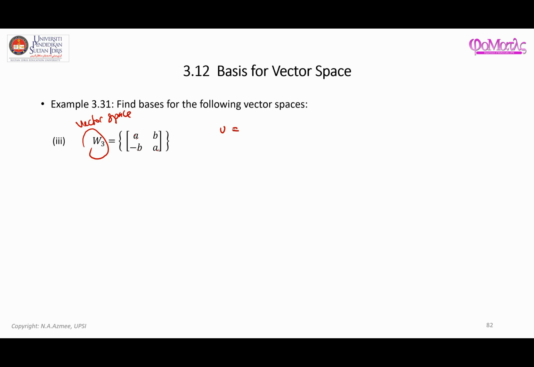Again, we choose easy values to calculate. For example, we can choose A equals 1, B is 0, so therefore negative B must be negative 0. We must make sure the values here are the same, just different in terms of negative and positive sign. And here A is equal to 1, therefore this part here has to be equal to 1. So that is U, an example of a 2 by 2 matrix that follows the definition given here.